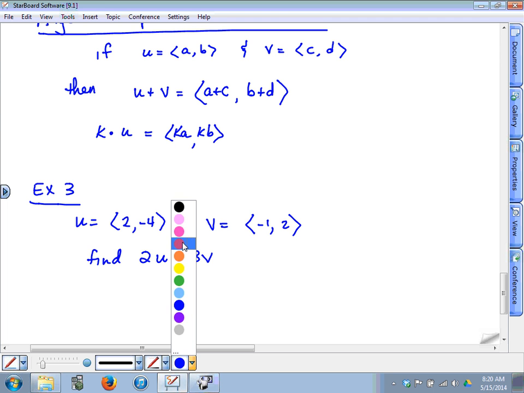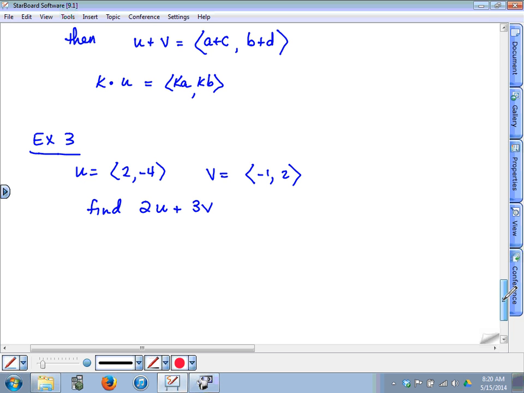Let's start with the scalar part, the 2u and the 3v. To u, that just means the components of u are increased by a factor of 2. So that's going to become 4 comma negative 8. And then 3v, the components of vector v increased by a factor of 3. So negative 3 comma 6.